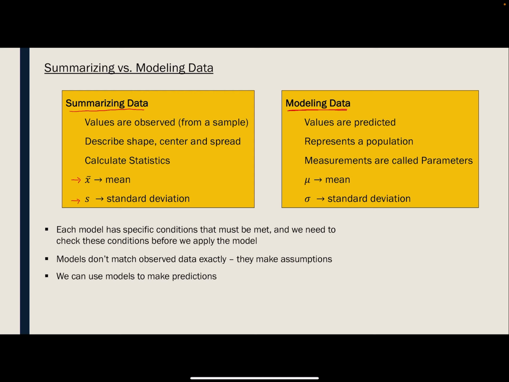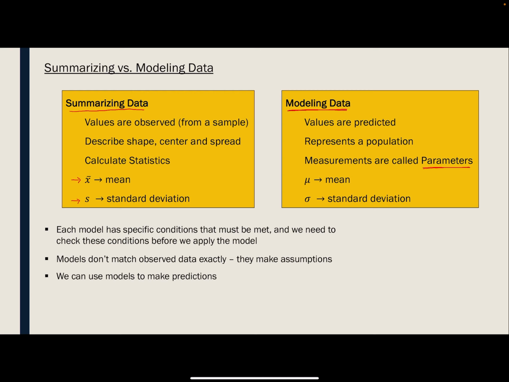So when we're talking about a population and we're talking about the mean or the median or the standard deviation, we don't call those statistics anymore, we call them parameters. So statistics if it comes from a sample, but parameter if it comes from a population or a model.